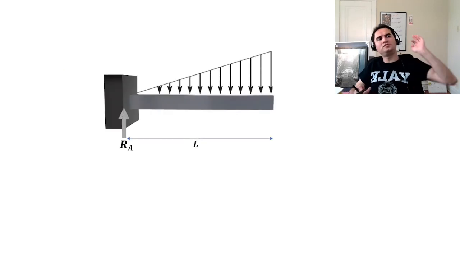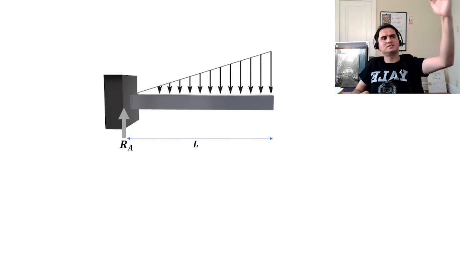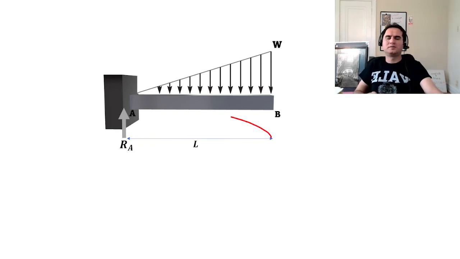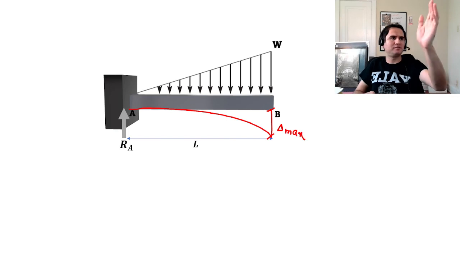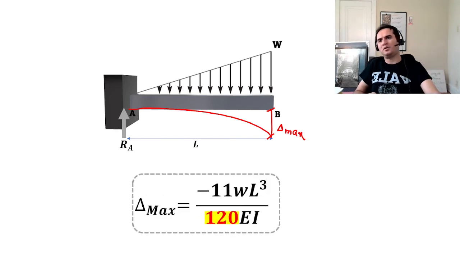Again, if you have a cantilever beam handling a non-uniform distributed load varying from 0 to W, your maximum deflection happens at the free end B by the amount of negative 1 over 120 WL.